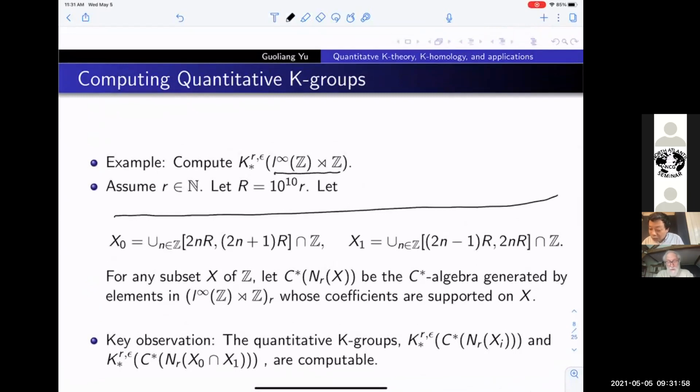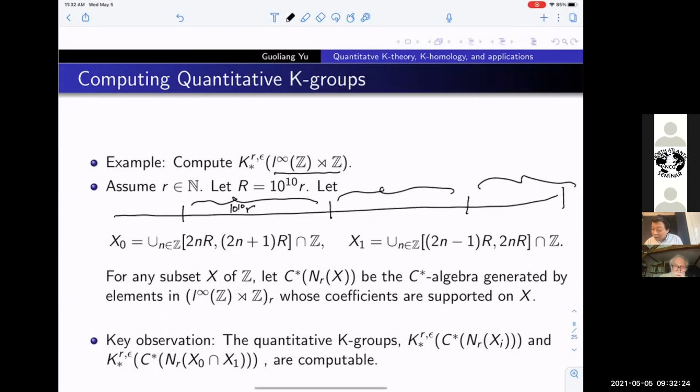We are trying to compute the quantitative K group at scale R, but now I'm going to cut this Z into intervals of equal length. Each interval is somehow 10 to the 10. This particular number is not important; it's something much bigger than R, of equal length.